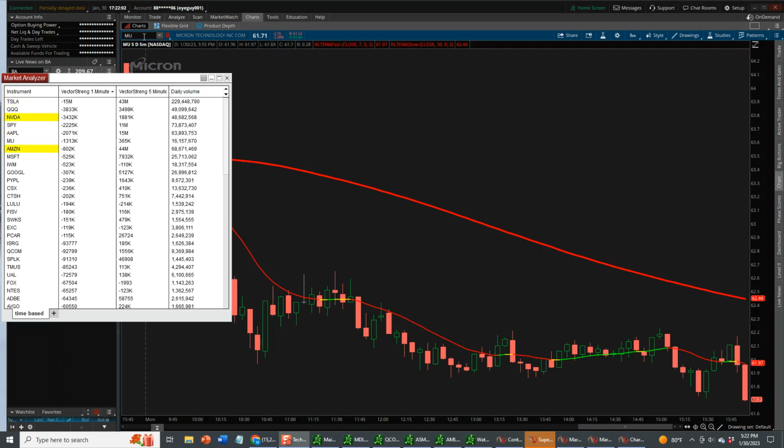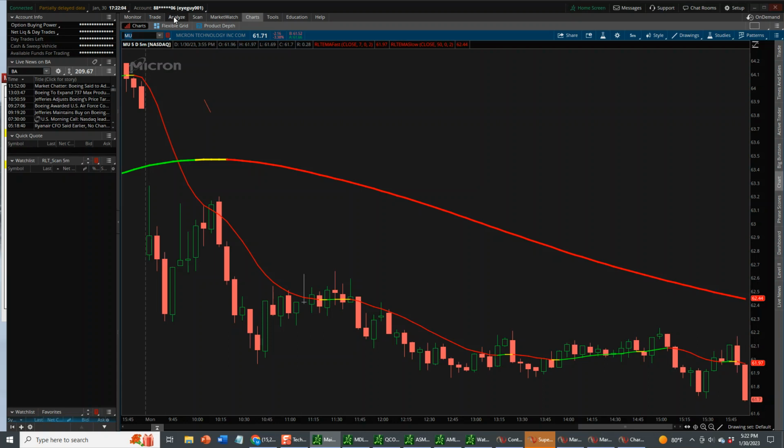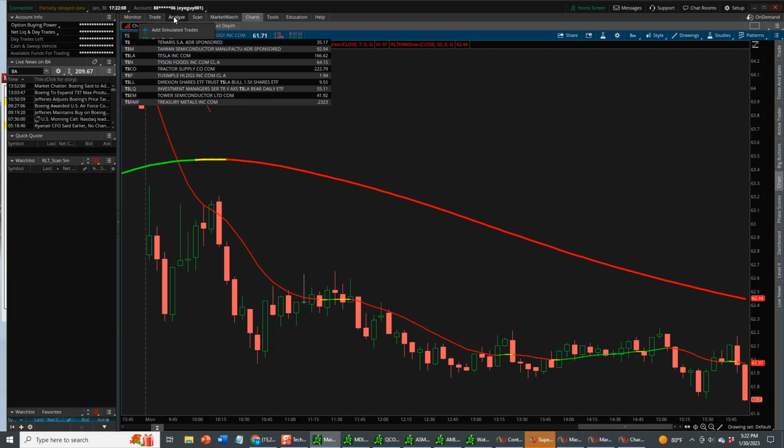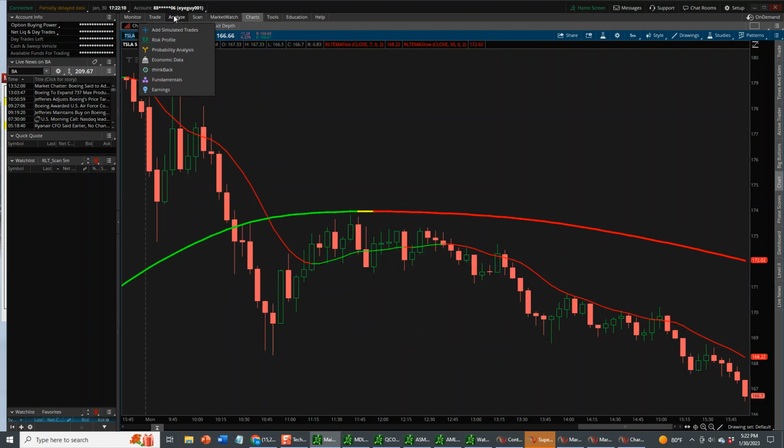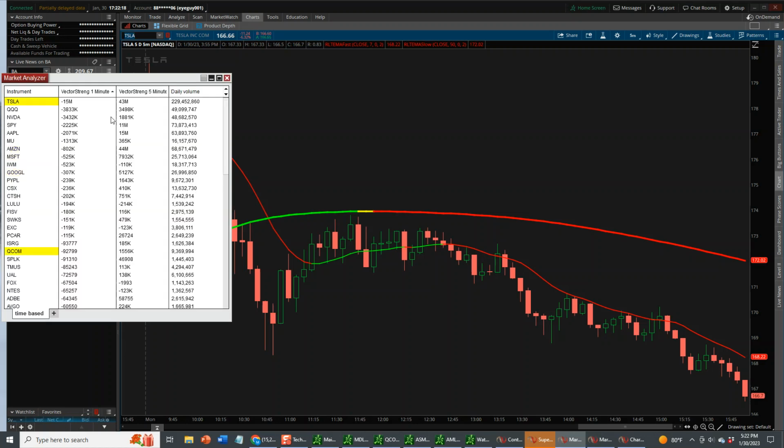So what we're going to do is we're going to put up Tesla. And you can see what a great call the system made right at the open. Now, again, on the Qs, long-term trend, extremely strong to the upside.